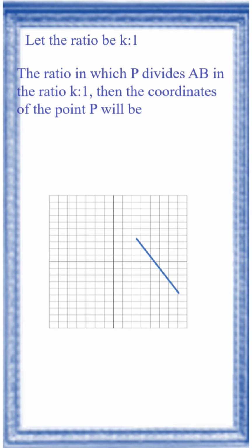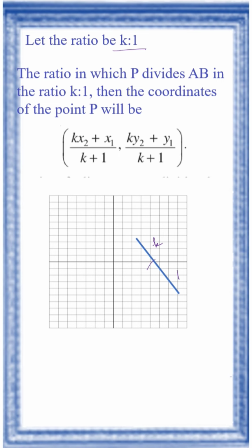But more conveniently, instead of m1 and m2, we can keep the ratio as k is to 1. So let the ratio be k is to 1. If P divides AB in the ratio k is to 1, then the coordinates of the point P will be, anyhow, y is equal to 0 here.